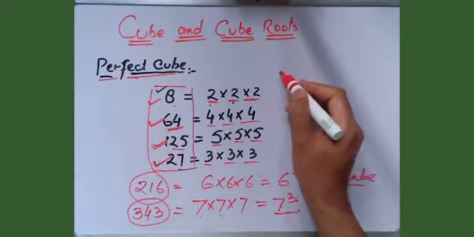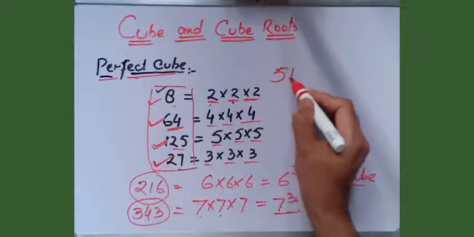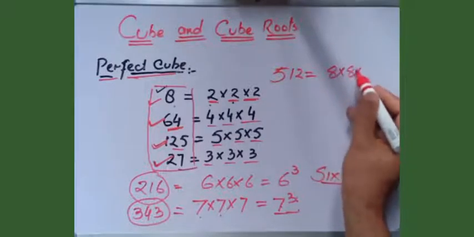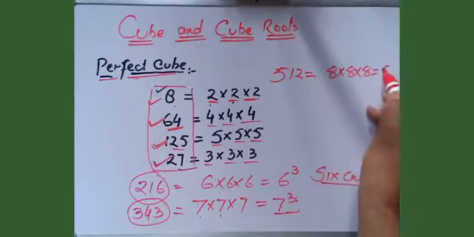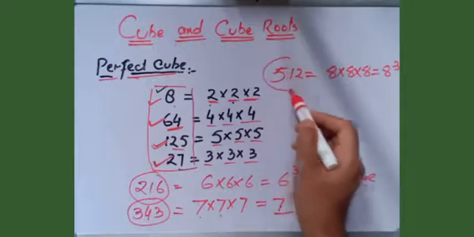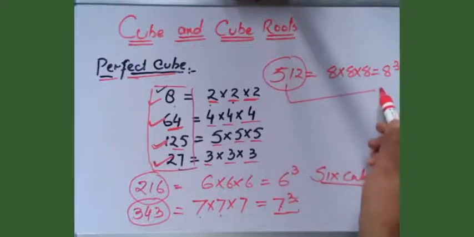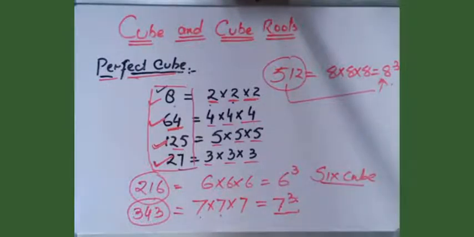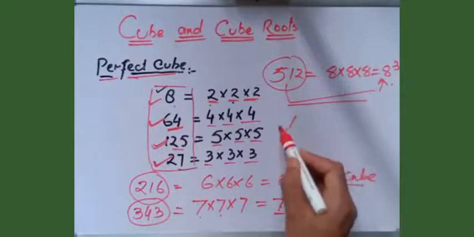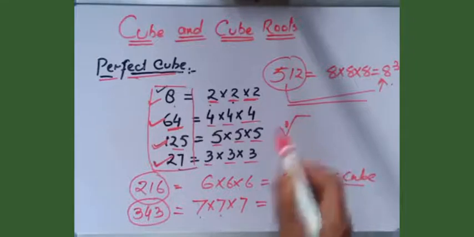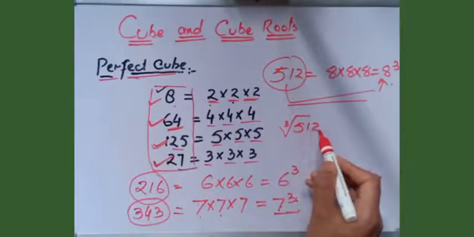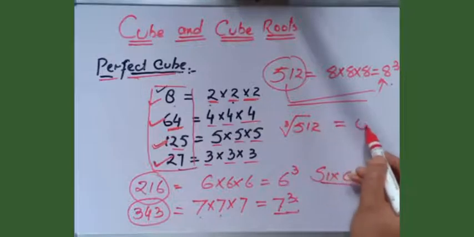Okay, in the same manner, 512. It is the perfect cube of 8. So that means 8 cube. Okay, so 512 is the perfect cube of which number? 8. So symbolically it is written as, okay, we put 3 here, cube root of 512 is equal to 8.